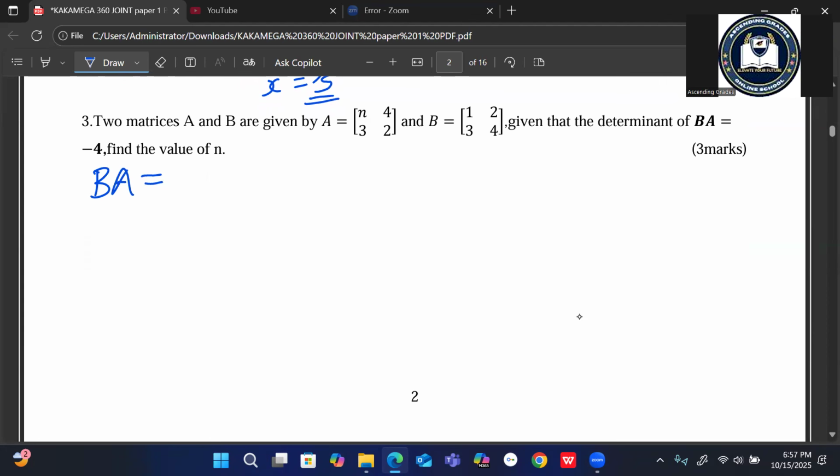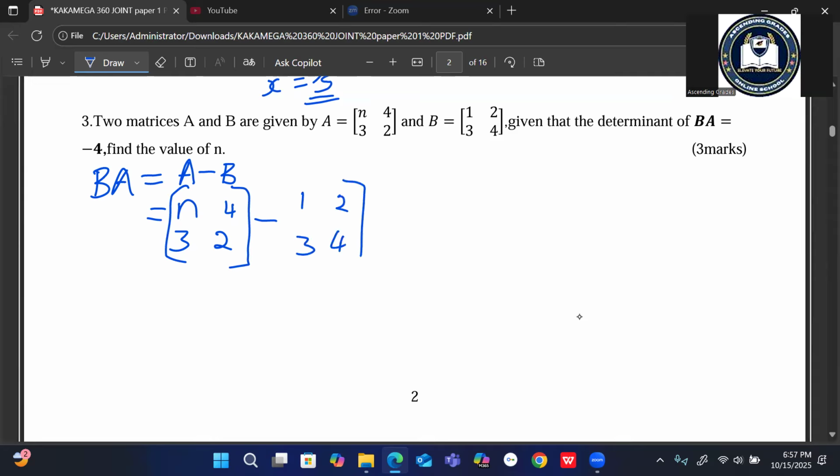And we know that BA is given by A minus B. Since our A is (n 4; 3 2), we subtract B, which is (1 2; 3 4). So it will be n minus 1, then 3 minus 3 is 0, 4 minus 2 is 2, then we have 2 minus 4 is negative 2.